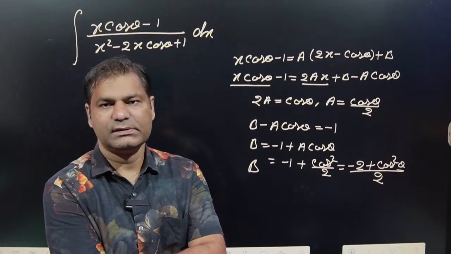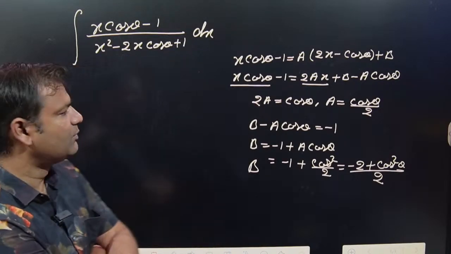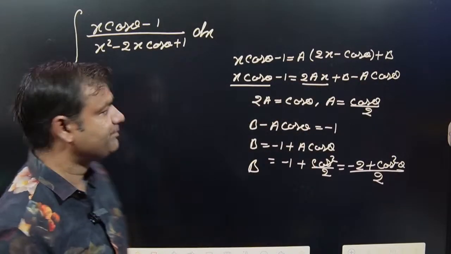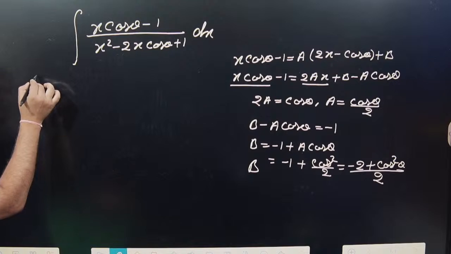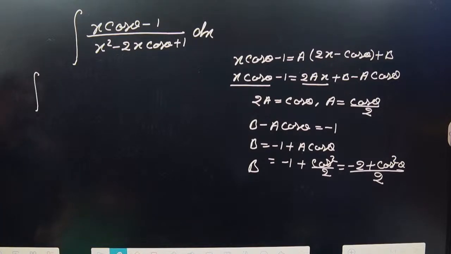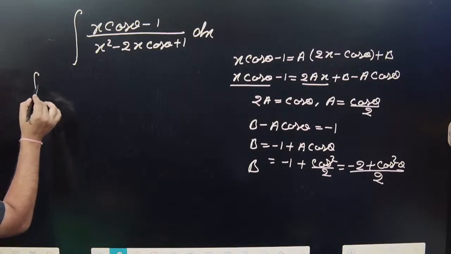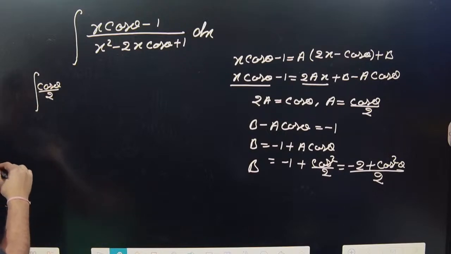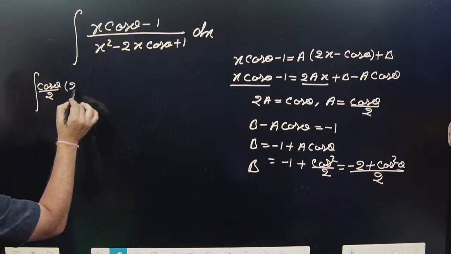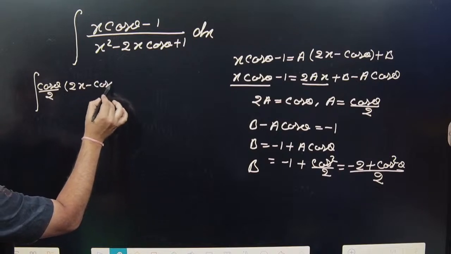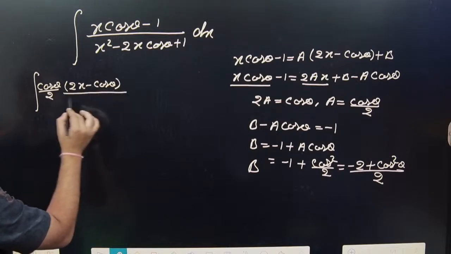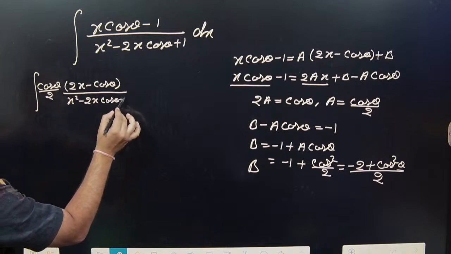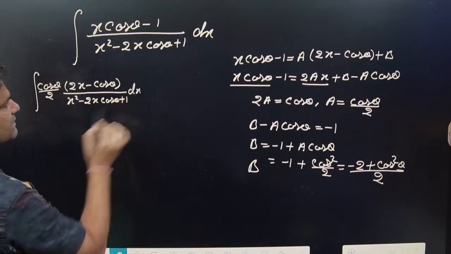Now these two values are put here. Then we get a as cos theta by 2 into the integral of 2x minus cos theta divided by x square minus 2x cos theta plus 1 dx.